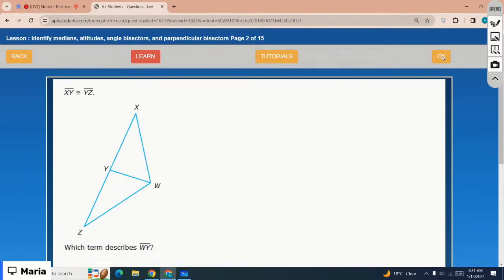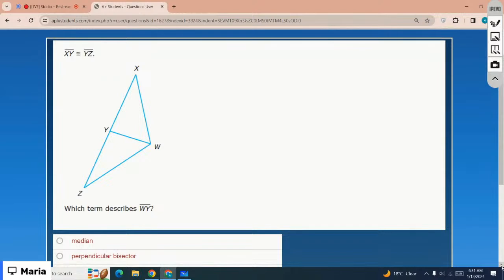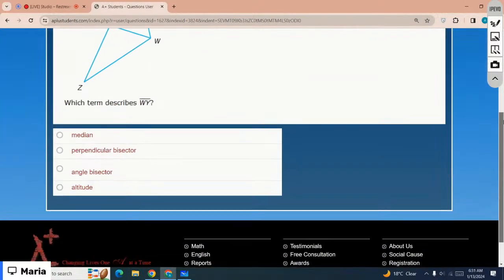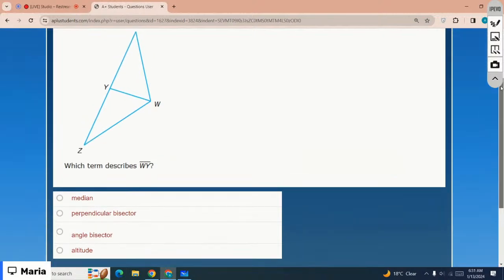Okay, XY and YZ are equidistant. Which term describes WY? You have to see what WY is, right? So the options are median, perpendicular bisector, angle bisector, and altitude.